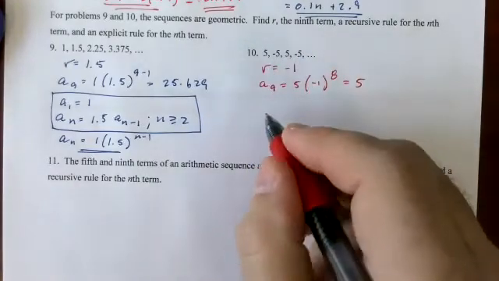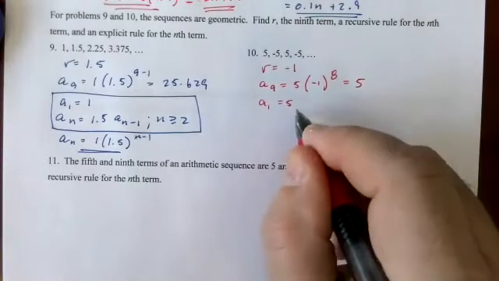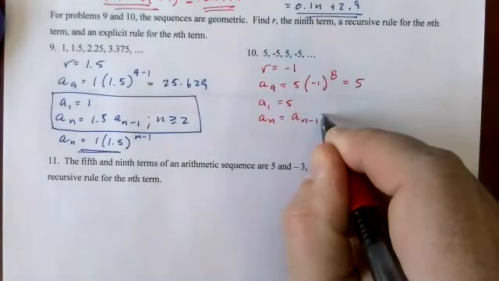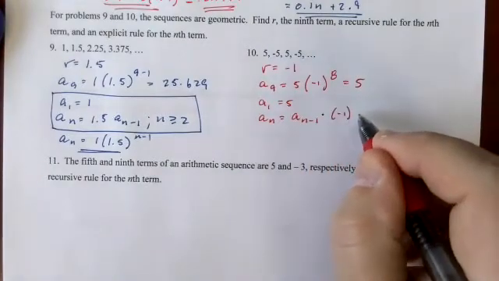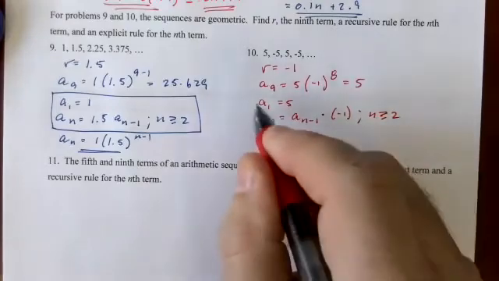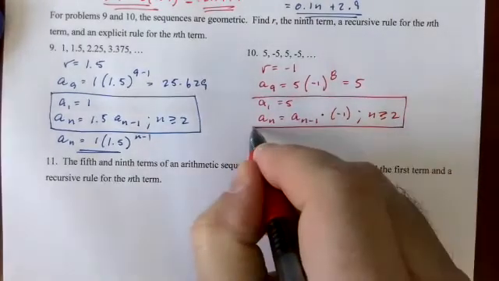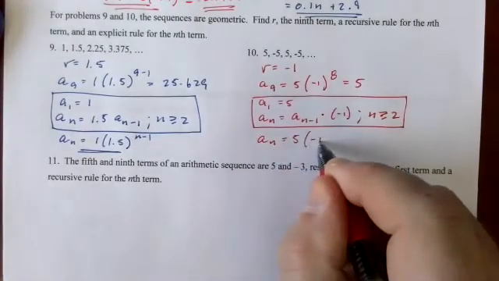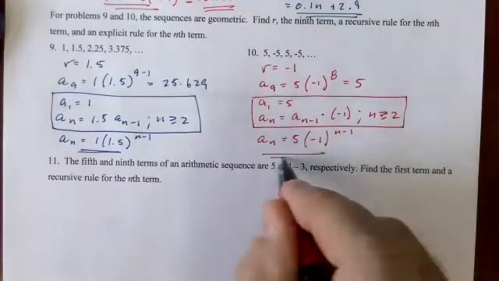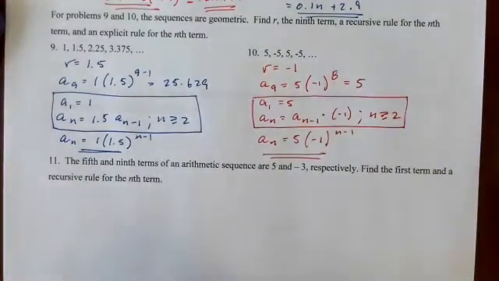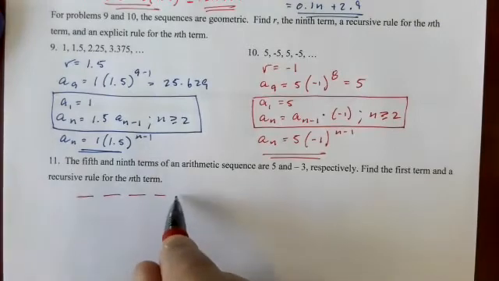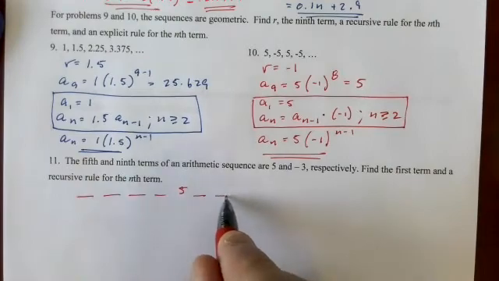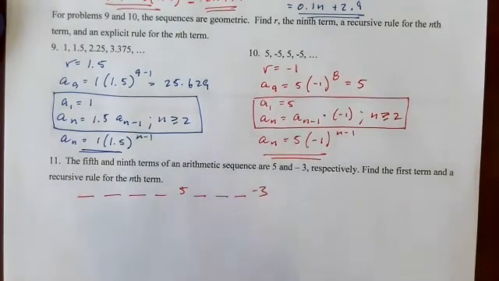Just oscillating back and forth here. a1 equals 5. a sub n equals a sub n minus 1 times negative 1, and n is greater than or equal to 2. a sub n equals 5 times negative 1 to the n minus 1. 5th and 9th terms, 1, 2, 3, 4, 5, 6, 7, 8, negative 3.